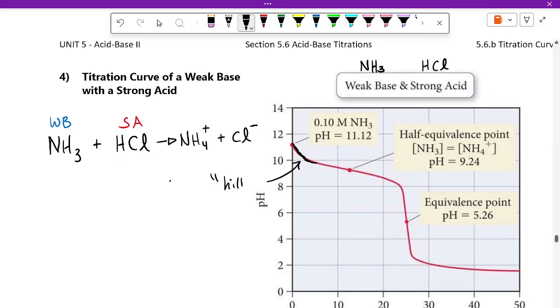And even though we do not get a salt plus water, this is still a what type of reaction? It's an acid and a base. It is a neutralization. It doesn't look like a lot of neutralizations because it doesn't have that hydroxide from the base. That's because this one is a weak Bronsted-Lowry base, but this is still a neutralization reaction.